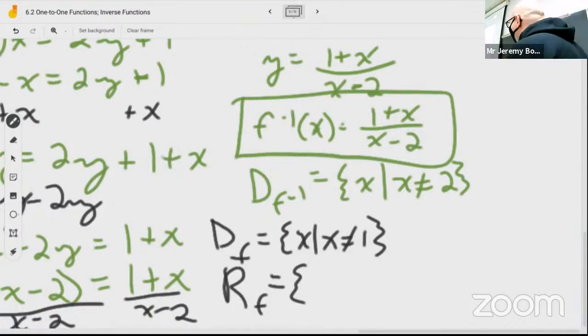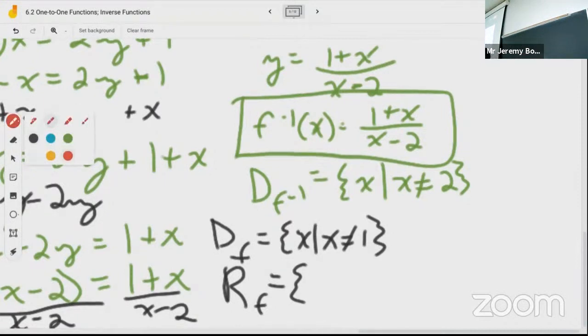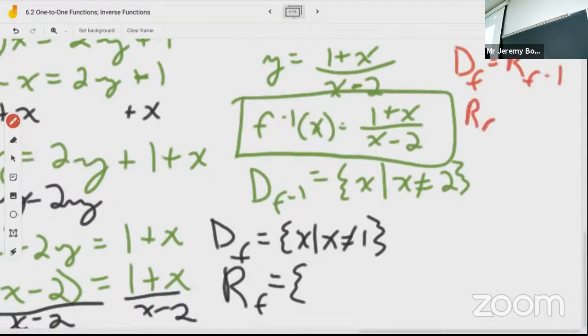So remember the relationship between the domain and the range for the function and its inverse, right? The domain of f is equal to the range of f inverse, and the range of f is equal to the domain of f inverse.